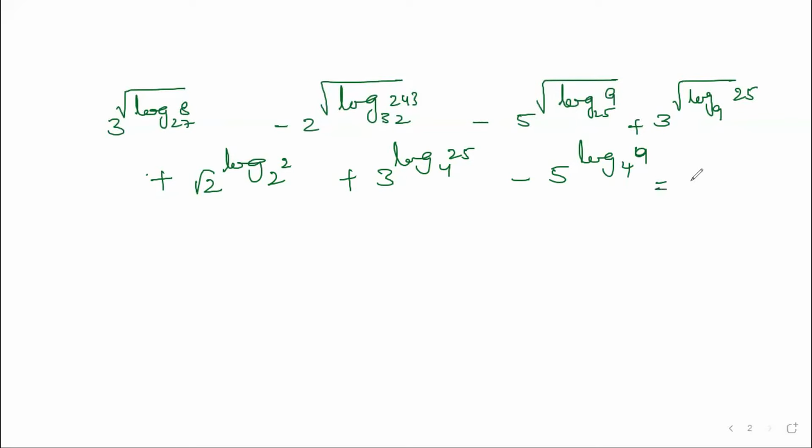To find the value of this, apart from the previous property, we can also use another result.